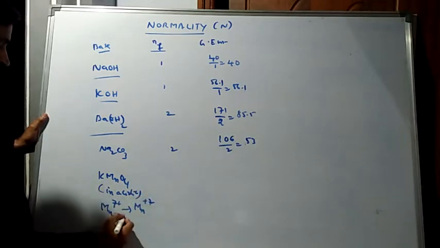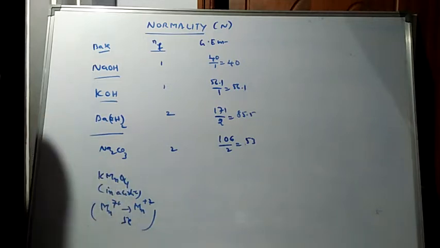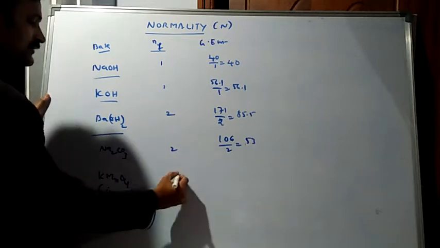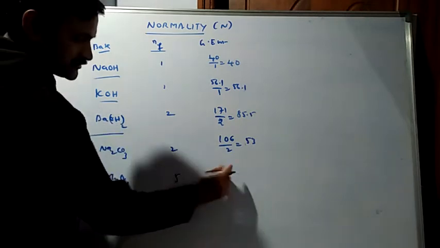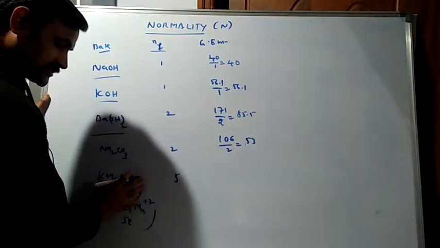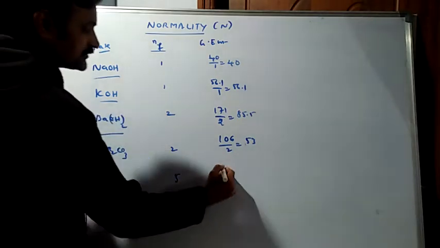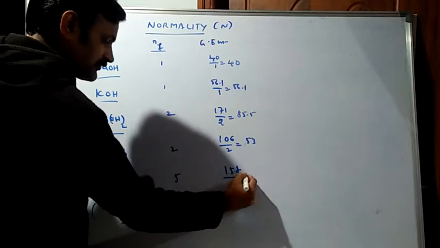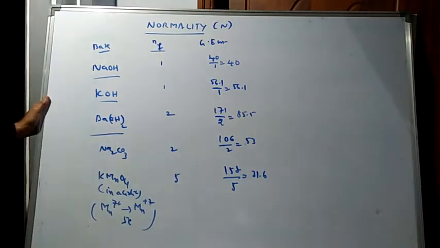So 5 electrons are transferred in this redox reaction. So 5 is considered as the N factor. So the molar mass of potassium permanganate, 158, divided by 5, gives 31.6 as the answer for potassium permanganate.